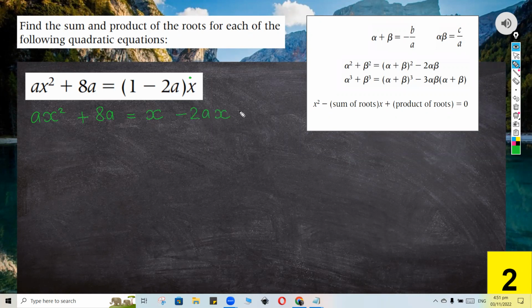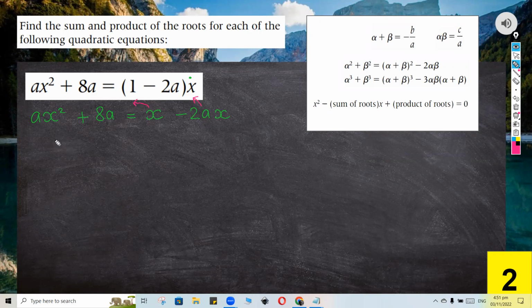The other problem here is that for this topic to work, for the formulas to work, everybody has to be on the same side of the equal sign. In other words, this side must be equal to 0. So you have to begin throwing across everybody on this side.